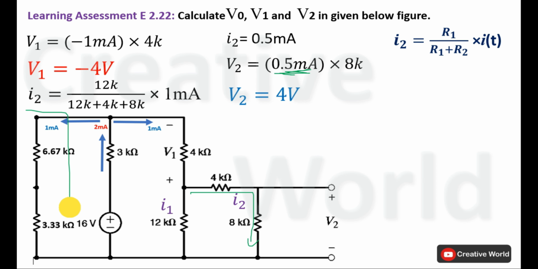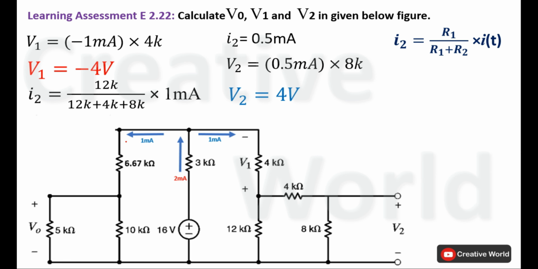Now expand this side of circuit to calculate the value of V0. This 1 milliampere current is entering on this node and distributing among these two branches. So we can use current divider rule to calculate the value of current in this branch. First we have to label these branch currents. This branch current will be labeled as I1 and this branch current will be labeled as I2.